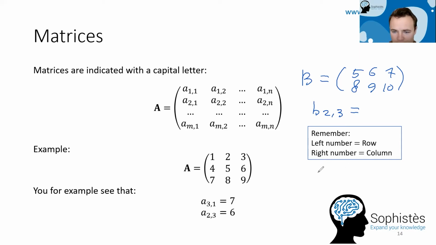Yes, very good. And then B1,2. Which number is this? Which number should we have here? You can type it in the chat. Yes, very good, guys. Indeed, a 6. Okay. So that's the first skill, that you can find an element out of your matrix.